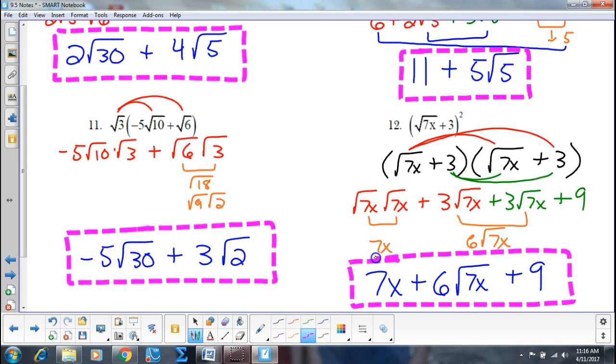Now if you wanted to write that as 7x plus 9 plus 6 times the square root of 7x, that would be fine. Or if you wanted to write it as 9 plus 7x plus 6 times the square root of 7x, that would be fine. Or if you wanted to write it as 6 times the square root of 7x plus 7x plus 9, or 6 times the square root of 7x plus 9 plus 7x, all of those are the same thing. Okay?